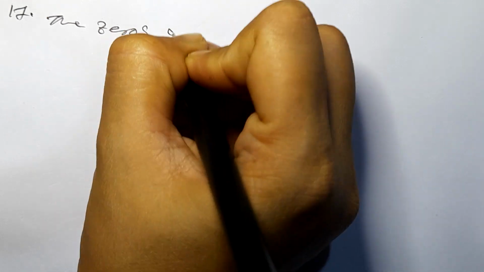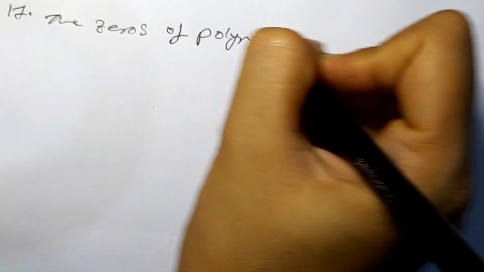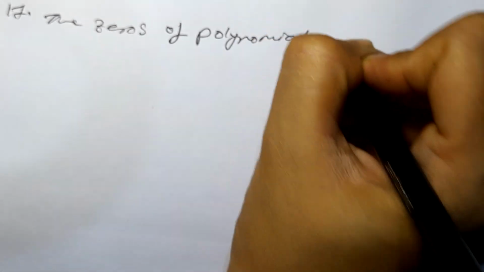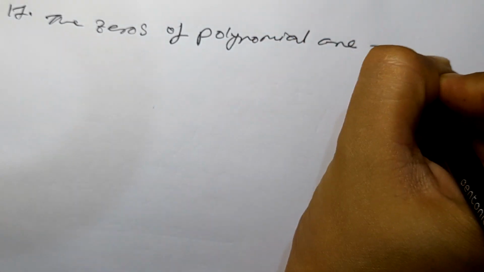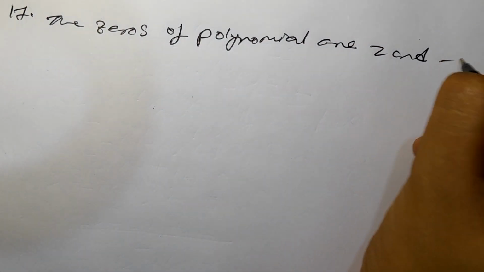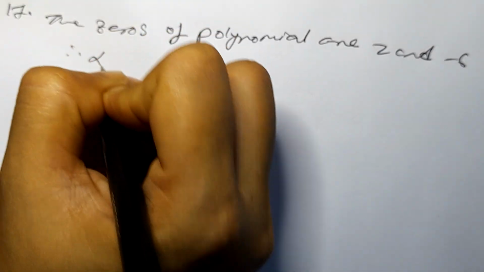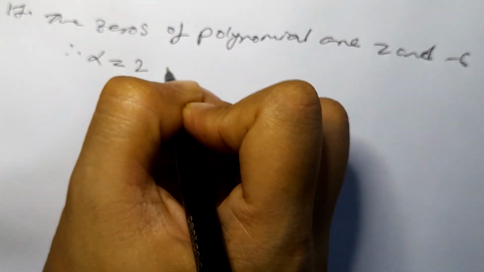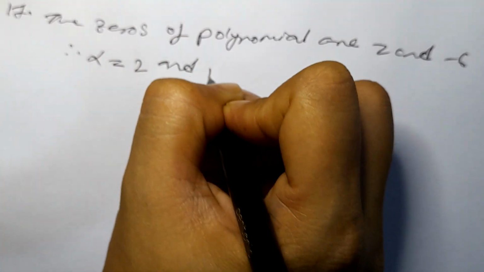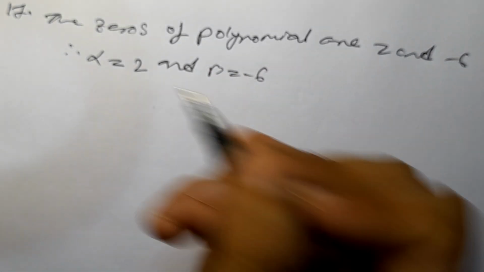The zeros of the polynomial are 2 and minus 6. So therefore alpha is equal to 2 and beta is equal to minus 6.